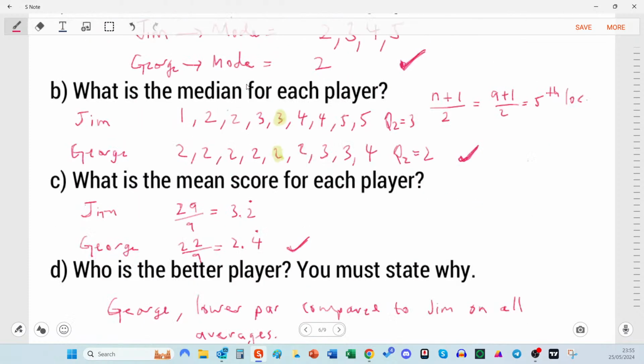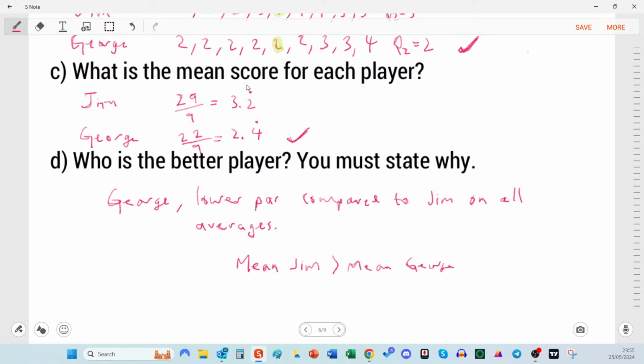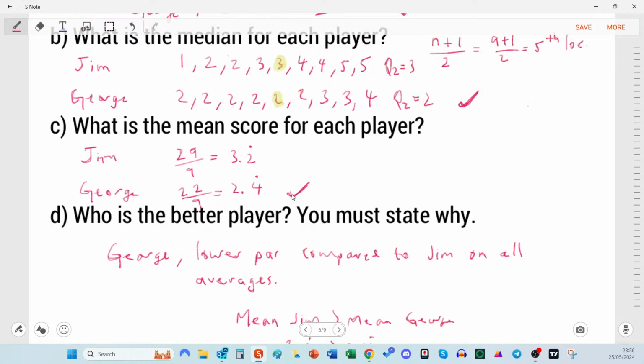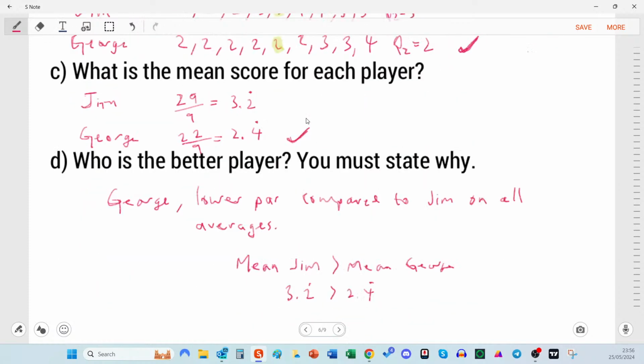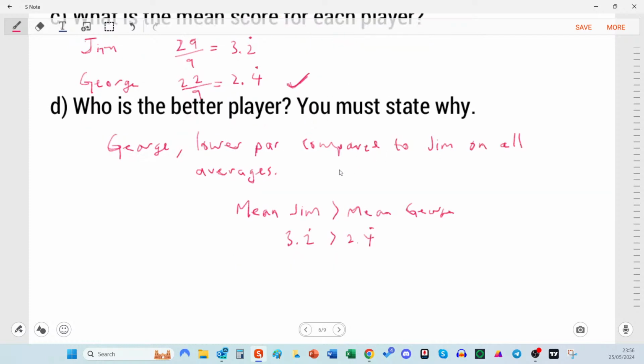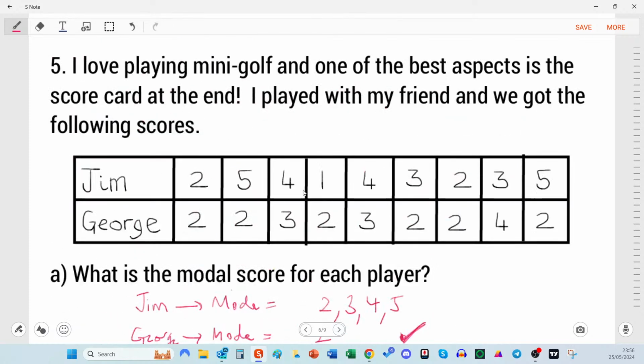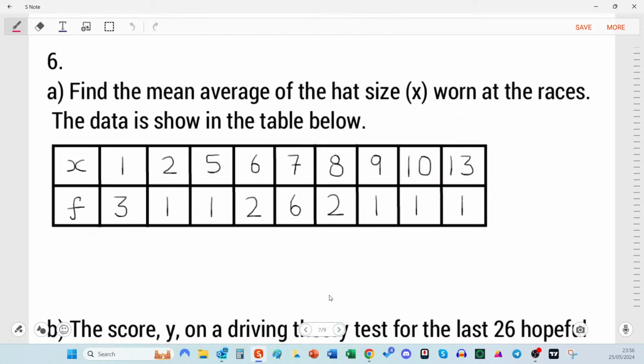So for example, 3.2 recurring and 2.4. And you can go through and do each one like that. We did it by talking, but then because of these reasons, the lower score is better. So we go with George.